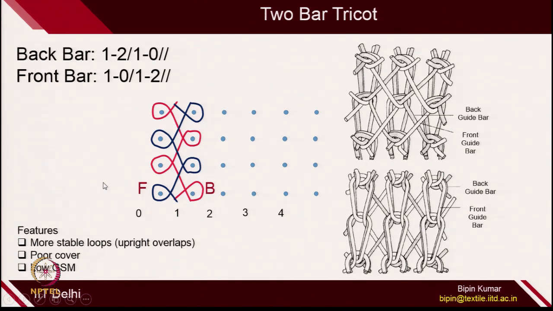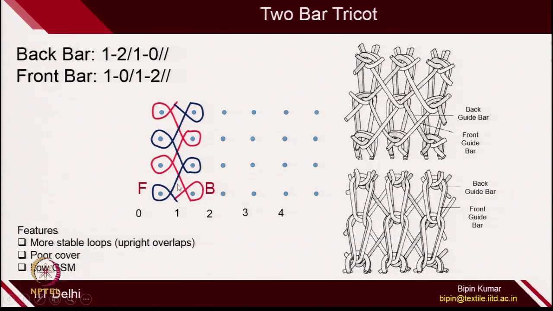So, at any point between two columns, the directions of the underlaps are opposite. Due to this, it results in uniform tension in the loops and a more stable shape of the loops. So, loops will be in a straight position.